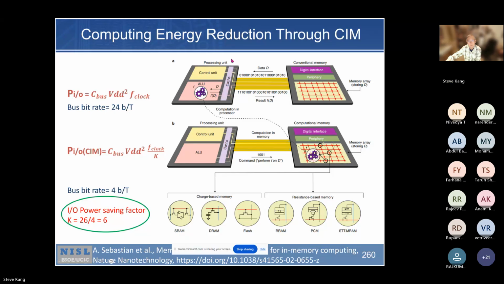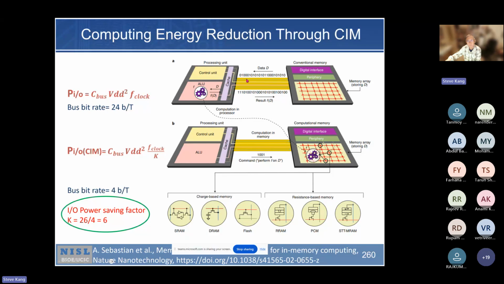You have an on-chip cache, and then external memory. So you have to go back and forth over this long bus, meaning high capacitance. Power, at least in the I/O, is bus capacitance times VDD squared times the clock frequency.